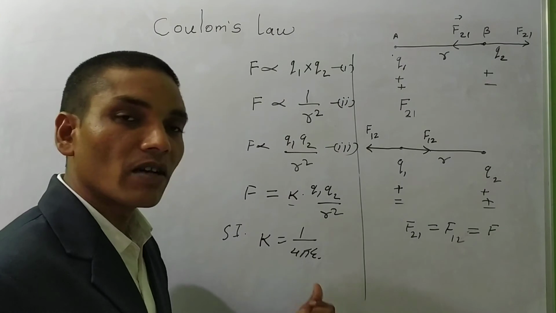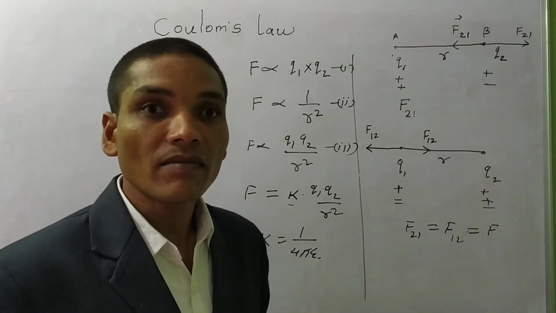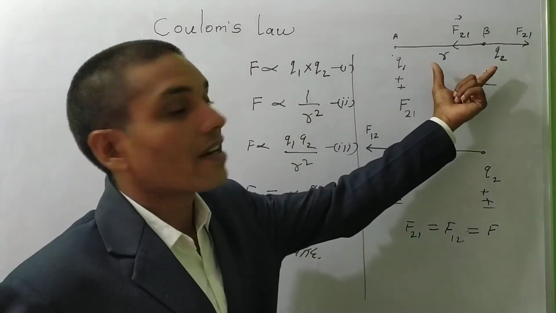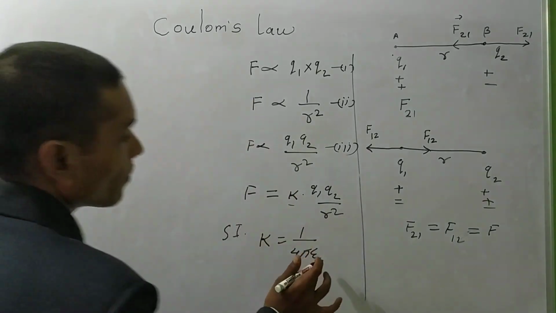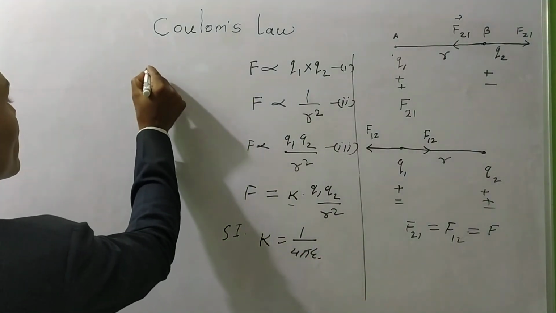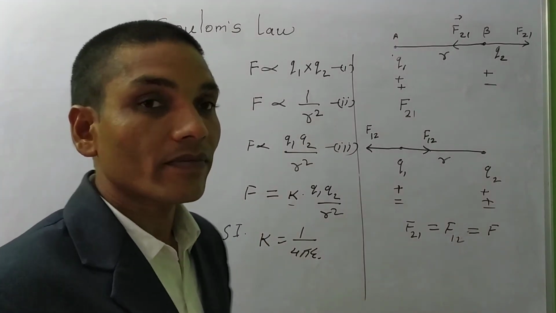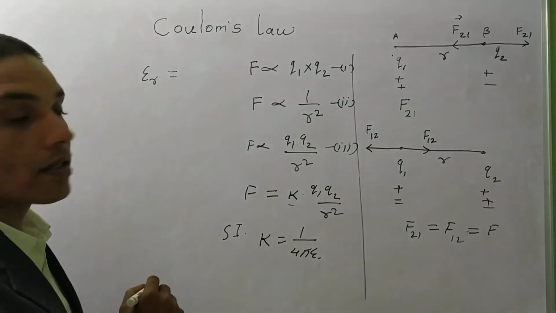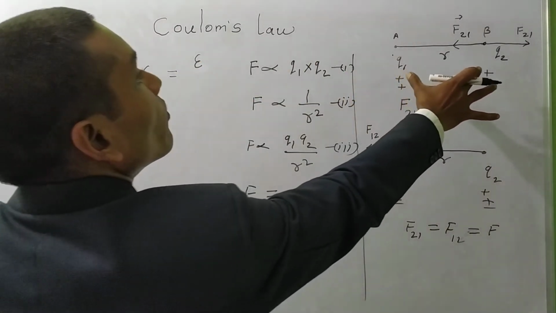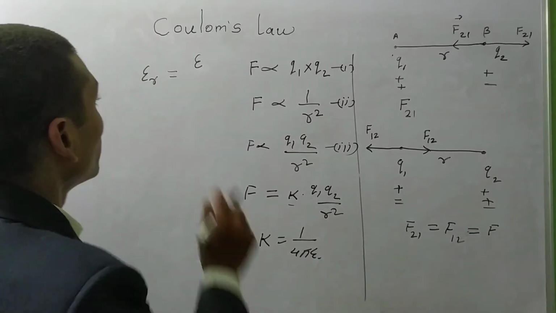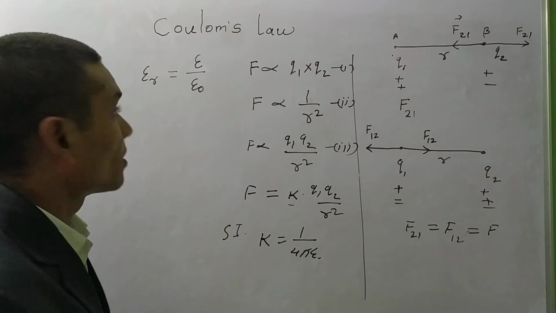What is the value of the permittivity of the medium? Of which medium? Where the two point charges are placed. You know that epsilon R, the relative permittivity of the medium, is equal to the permittivity of the medium where the two point charges are placed to the absolute permittivity.